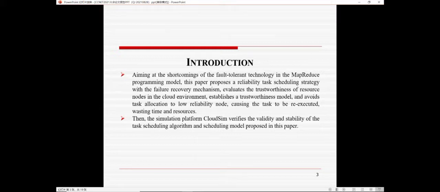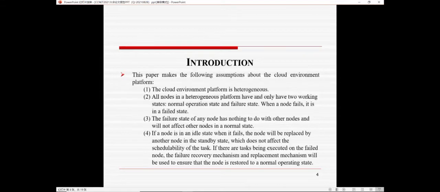Then the simulation platform CloudSim verifies the validity and stability of the task schedule algorithms and the scheduling model proposed in this paper.